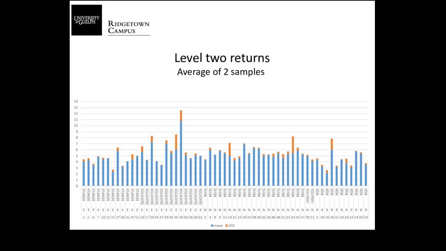We did learn that there are some location to location variation problems. And so there's a need for some training and so on. And interestingly enough, the really tall bar is the same location that had the problem with the low concentration.